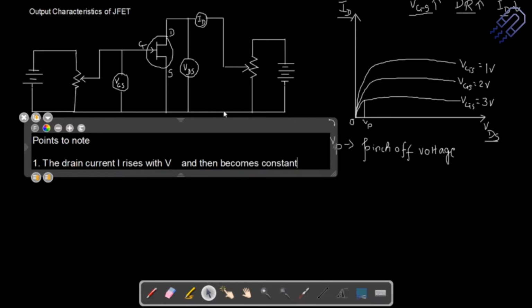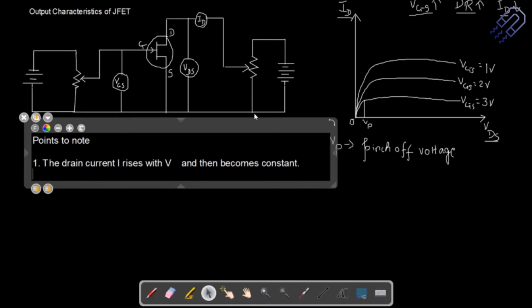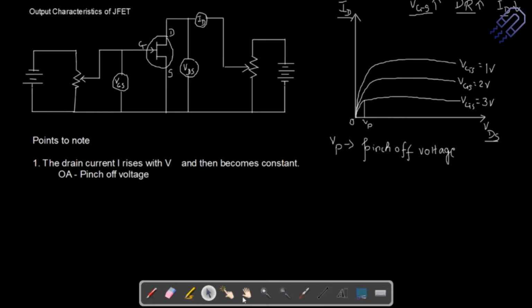The drain source voltage above which the drain current becomes constant is called the pinch off voltage. I'll write down the definition later. In this particular case, I'll write it as OA, so OA is the pinch off voltage.